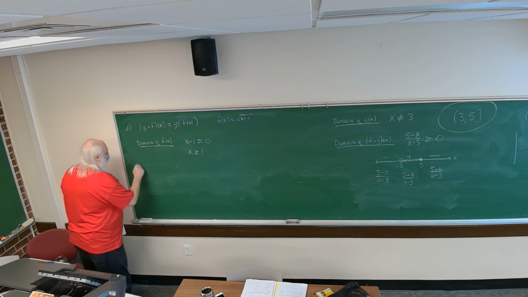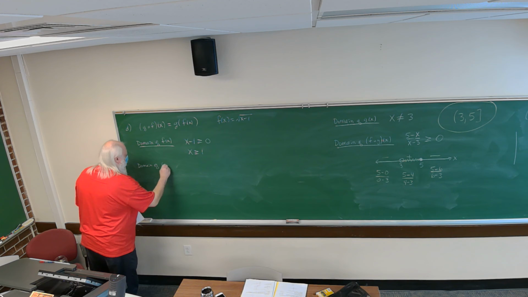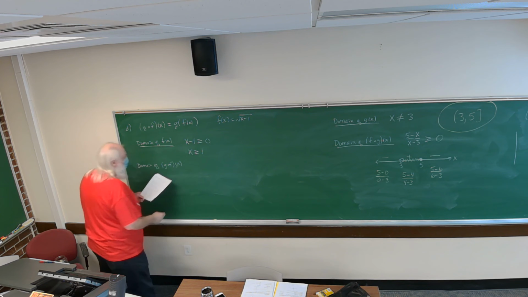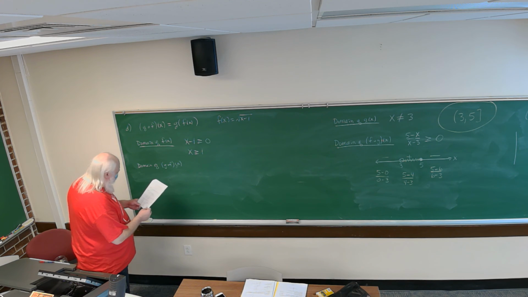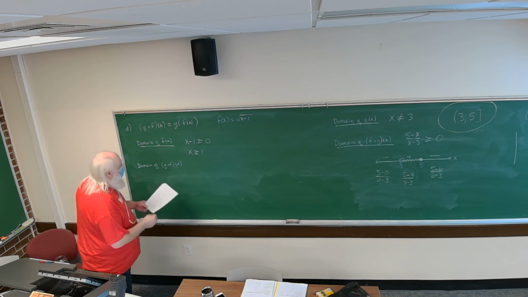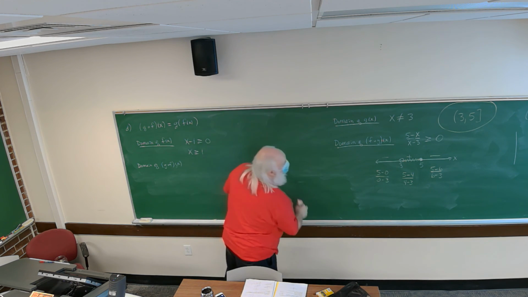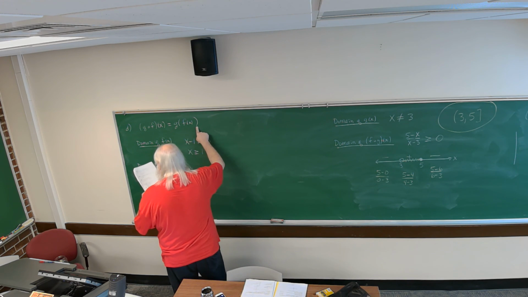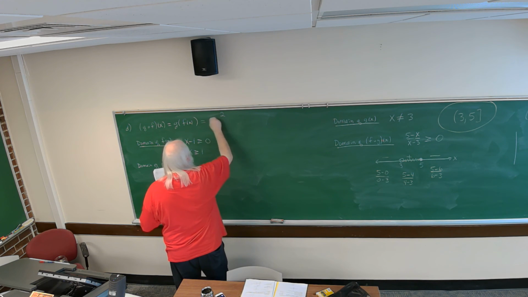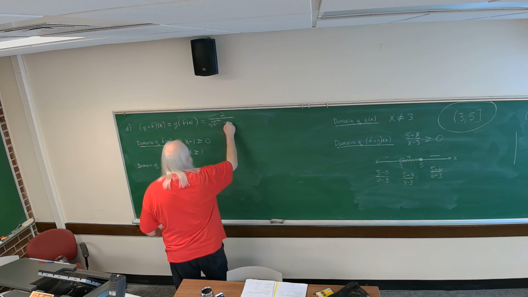So now we find the domain of the composite. We wrote the composite in A, okay? The composite of g of f of x in A is equal to 2 over the square root of x minus 1 minus 3.